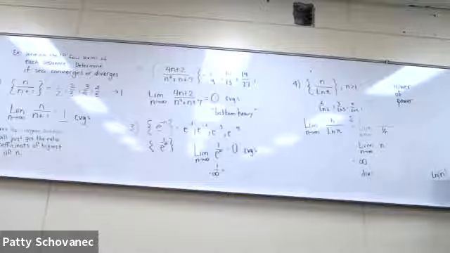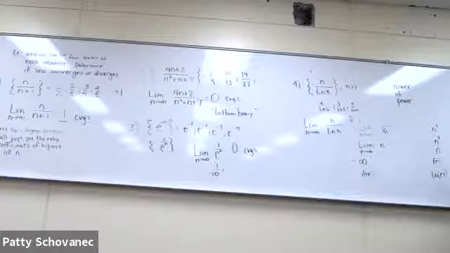It grows even slower than, say, the square root of n, which grows slower than n. n grows slower than n squared. n squared grows slower than n cubed. And so on. As the powers increase, they grow faster. Which grows faster, n cubed or 3 to the n?